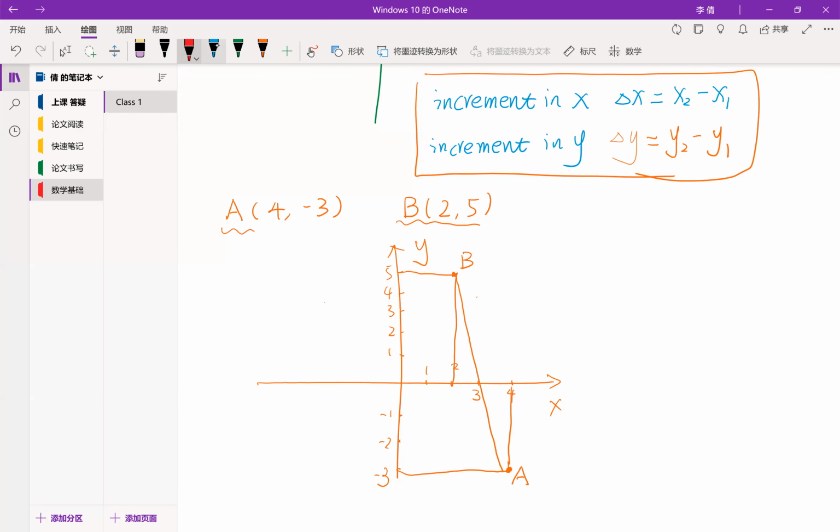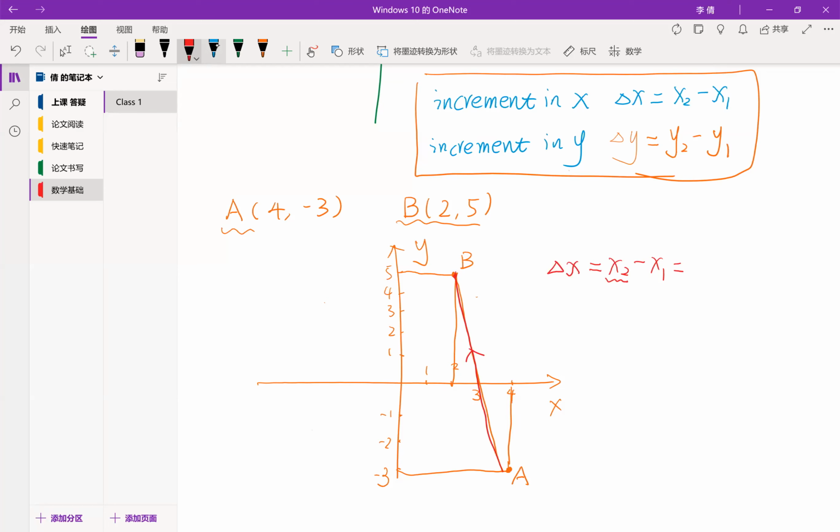It moves from A to B, and then we say the increment in x is delta x, and delta x is equal to x2 minus x1, where x2 is the ending point's x coordinate, right?